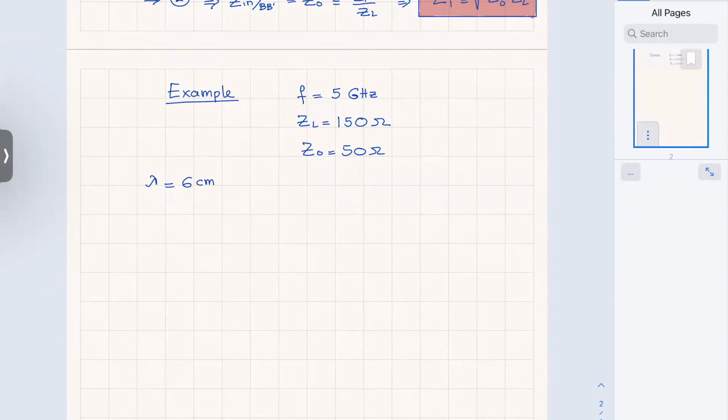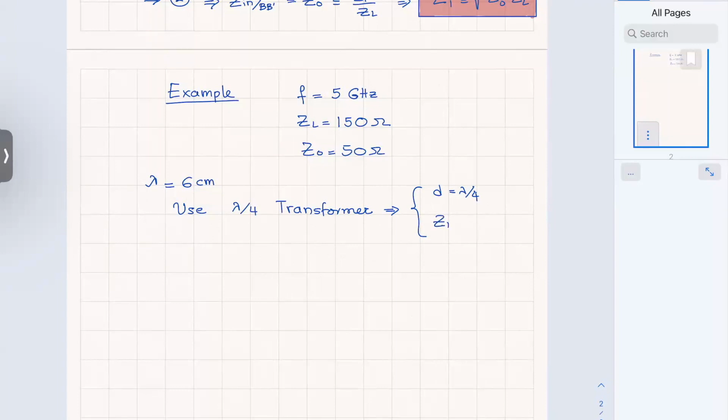And if I use a quarter wavelength transformer, then I need to find how much a quarter of a wavelength is in physical length, since I gave you the frequency. So I need to find 2 things: D, which is lambda over 4, in centimeters, and then Z1.